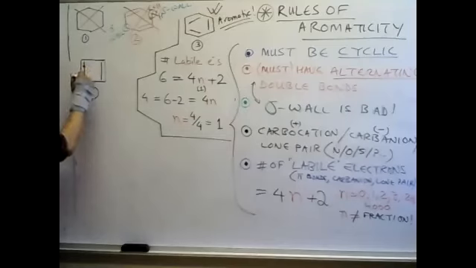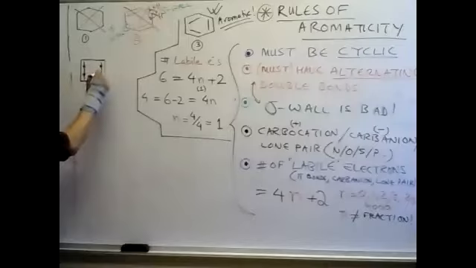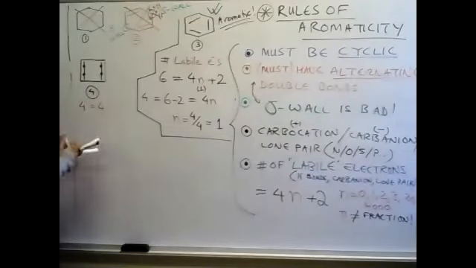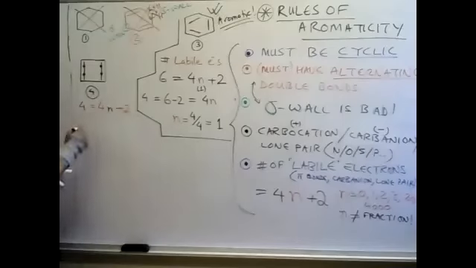Check the number of labile electrons. What's that number? 4. Let's see if you can write 4n plus 2. What's the value of n? Write down 4 equal to 4n plus 2.